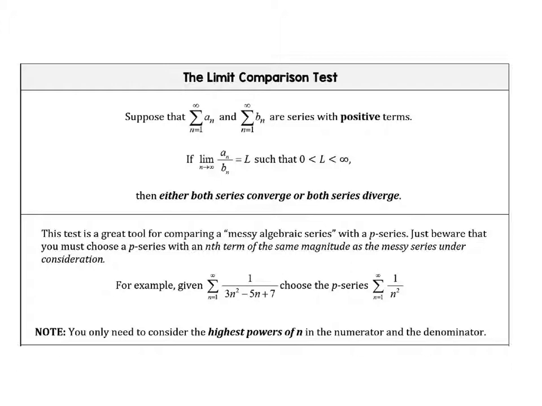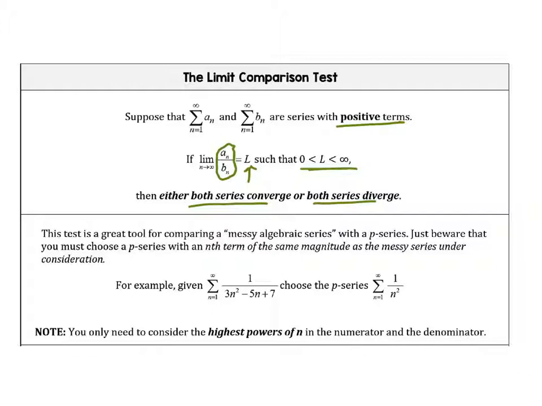The first part of this, again, you are making sure that all of your terms are positive. And then whenever you look at the limit of the ratio of one sequence to the other, that limit value, if it is positive and finite, then either both series will converge or both series will diverge, and it just depends on whichever you're comparing that to.